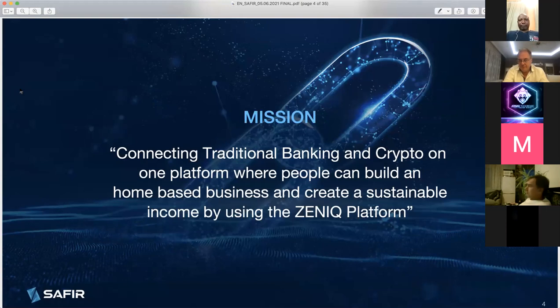The main vision of the company is to connect traditional banking and the cryptocurrency market into one platform where people can build, not just invest and earn. They can also build a home-based business out of this platform, making it really simple and easy for people to access the cryptocurrency market.